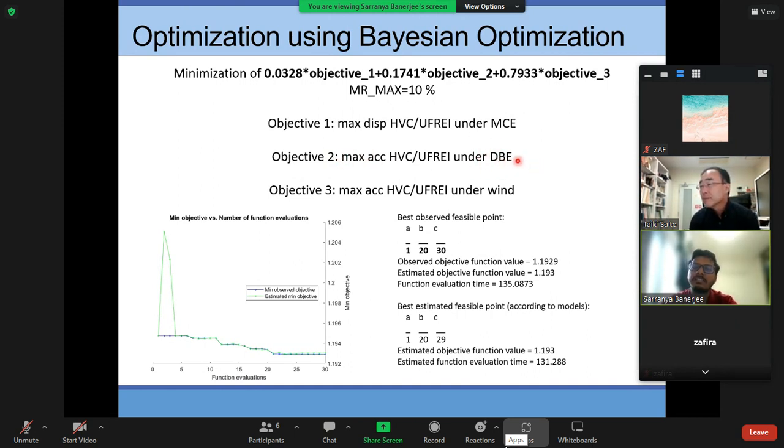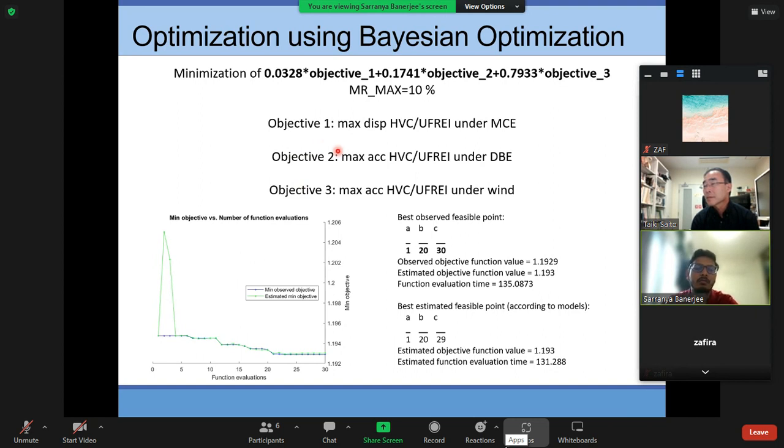The reason is that the maximum displacement under the design basis earthquake is very low, so there is no point in decreasing that displacement. But if we decrease the acceleration, then we can improve the comfort levels of the inhabitants even during a small earthquake. And similarly for wind, we already know that the acceleration is the problem, not the displacement. So these are the three individual objectives.